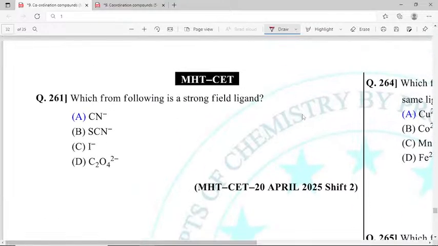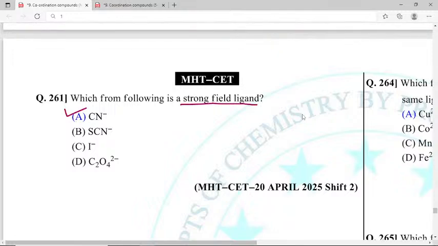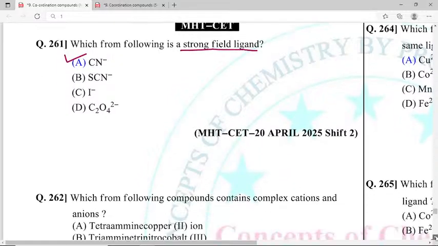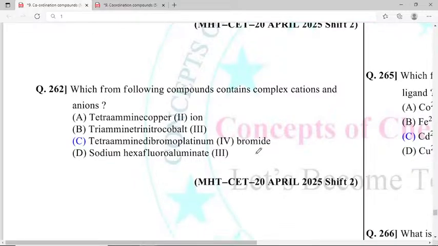Next question. Which from following is a strong field ligand? CN minus. Cyanide is a strong field ligand. Which from following compound contain complex cation and anion?